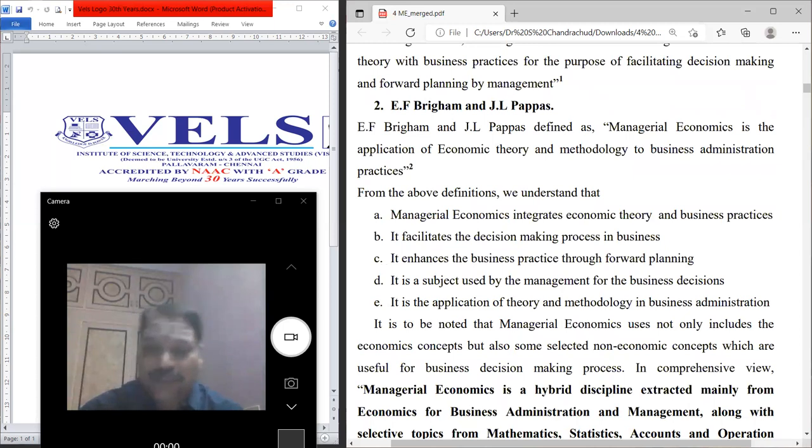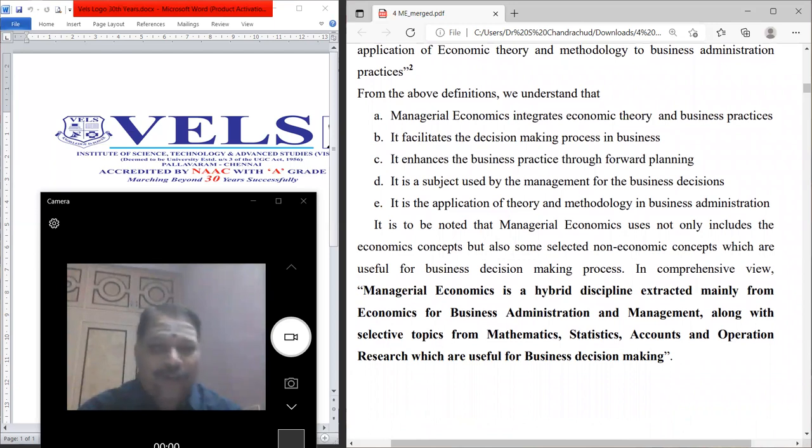One thing we should note is that managerial economics uses not only the economic concept, but also some selected non-economic concepts which are useful in making a decision in a business. On the whole, we can say managerial economics is a hybrid discipline extracted mainly from economics for business administration and management, along with selective topics from mathematics, statistics, accounts, and operations research, and so on, which are useful for taking the business decision.